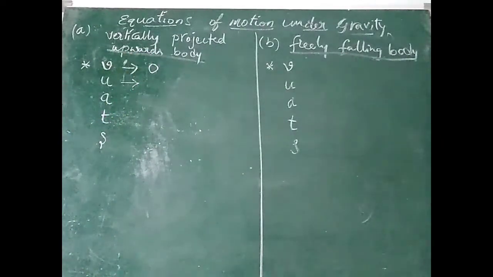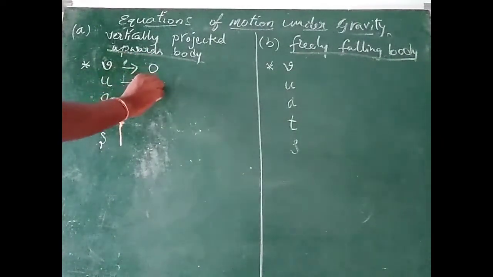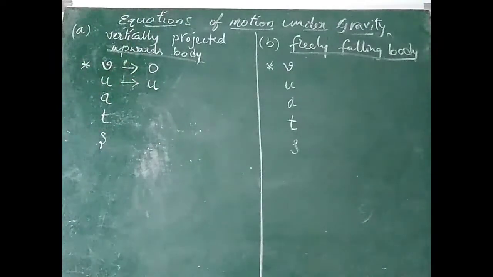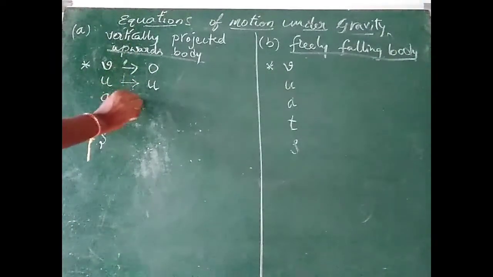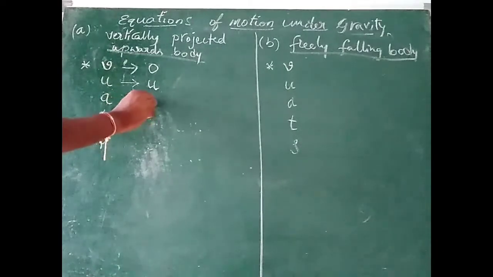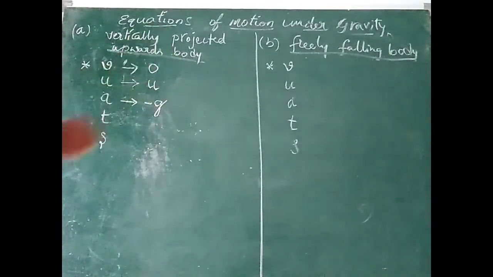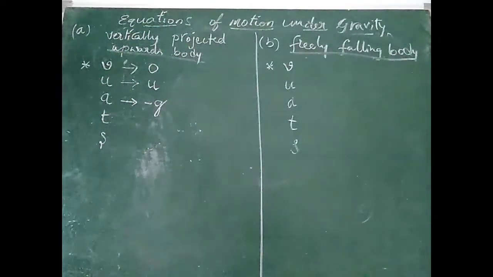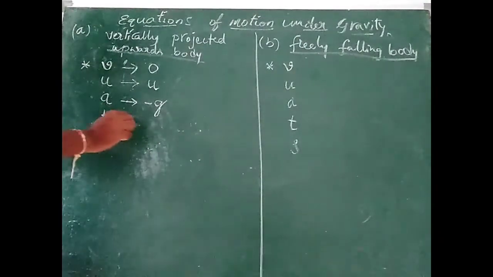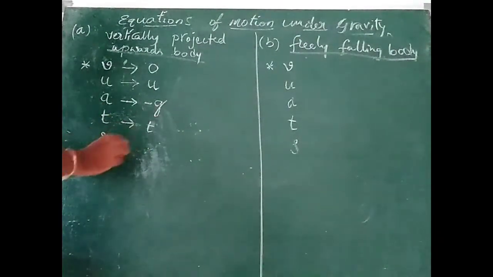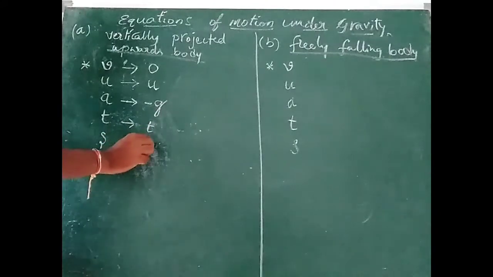It should have some initial velocity U, and A becomes minus G. T becomes T, and S becomes H.